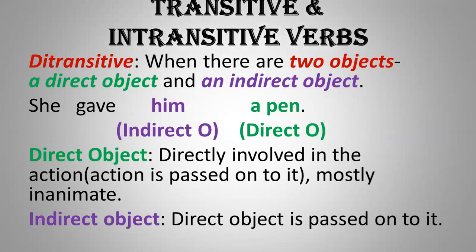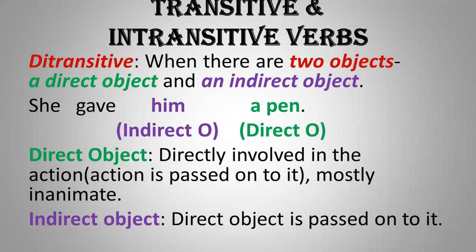Then we have ditransitive. As the name shows, di means two. When there are two objects, one object will become direct object and the other will be indirect object. The example, she gave him a pen. In this example, a pen is direct object and him is indirect object. Keep in mind that we call it direct object because it is more involved in the action than the indirect object.